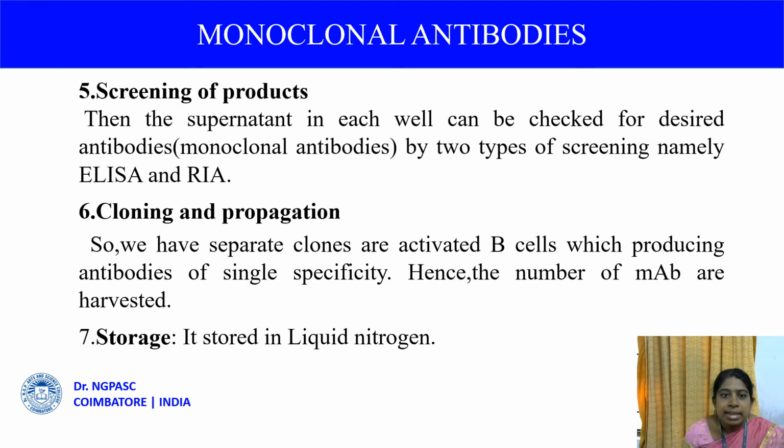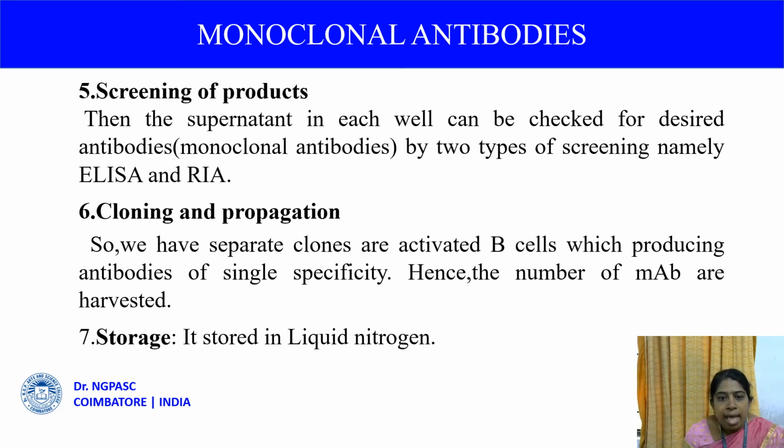Next is the screening of the product. The supernatant in each well can be checked for the desired antibodies, that is the monoclonal antibodies, by two types of screening, namely ELISA and RIA. After screening of the product, next is the cloning and propagation.